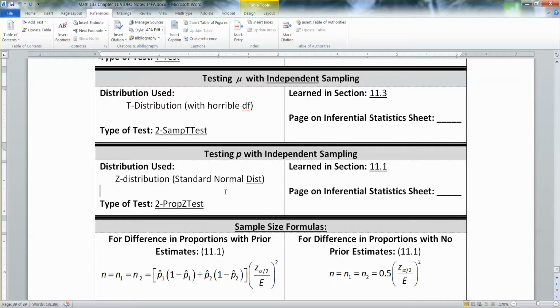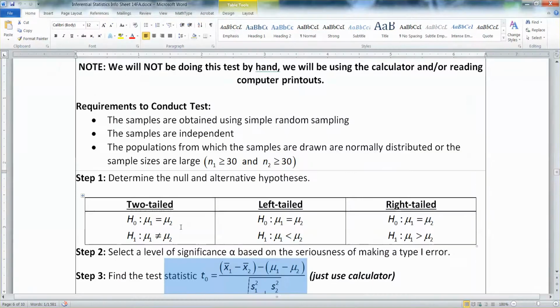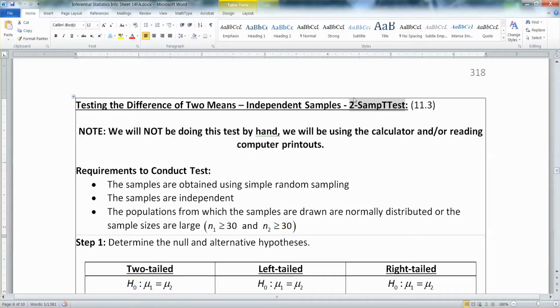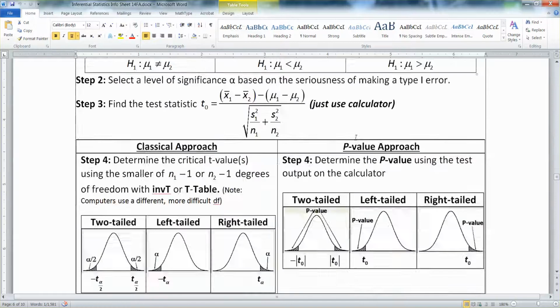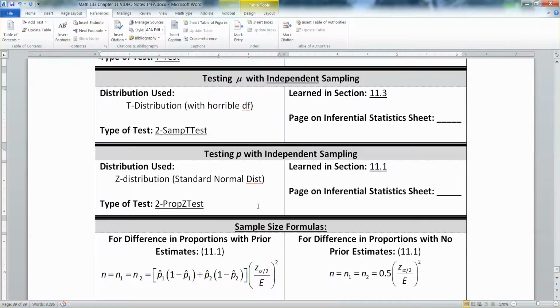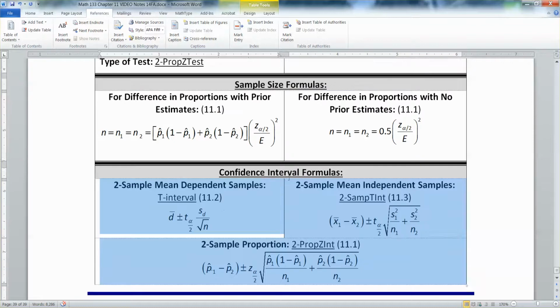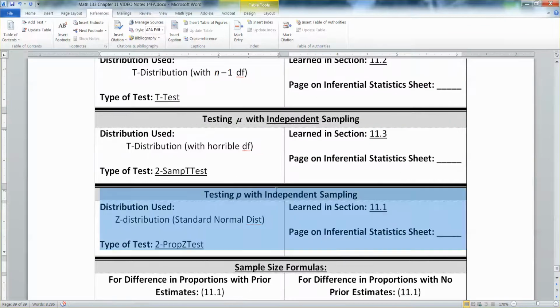And when you get lost and you can't remember which one to use, remember, it's always on the inferential statistics sheet right here. It tells you right at the top which one to use. 2samp t-test, 2 prop z-test, stuff like that. So one other thing to note, a couple things to note real quickly. We've learned all of these intervals. We've learned all of these different tests.